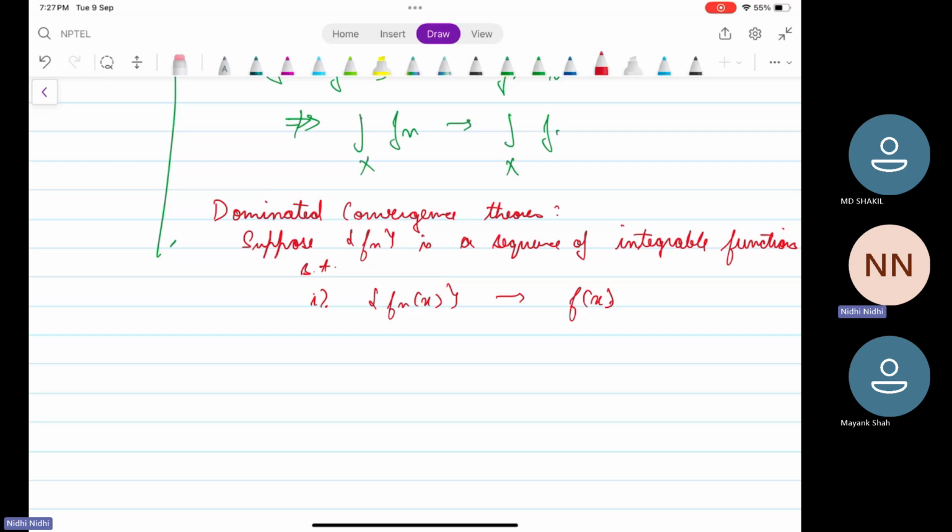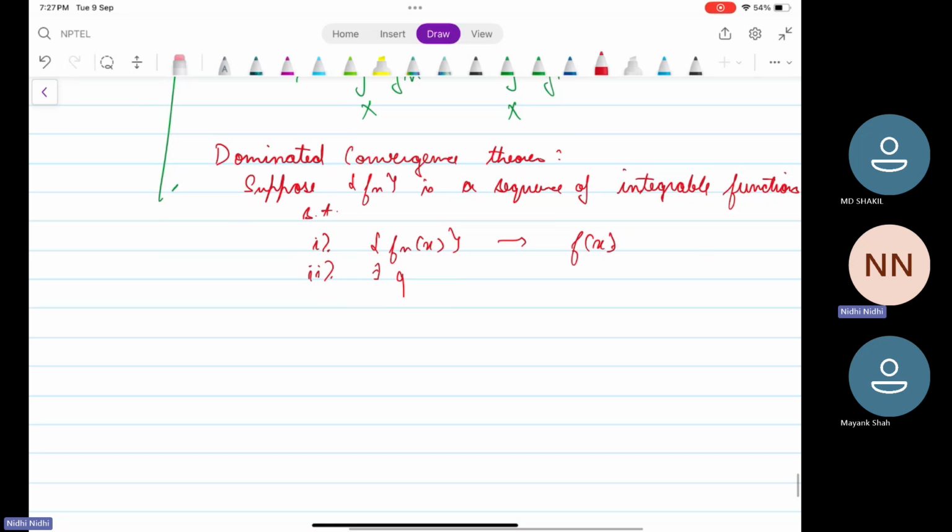That means we have pointwise convergence. Along with that, we have some dominating function. That means there exists some function g such that |fn(x)| is less than or equal to g(x) for every n in N and x in X.